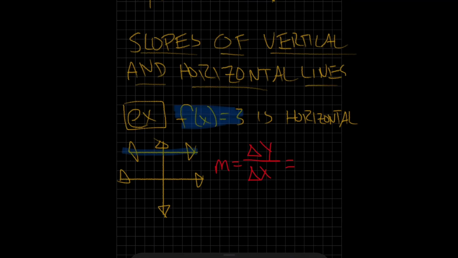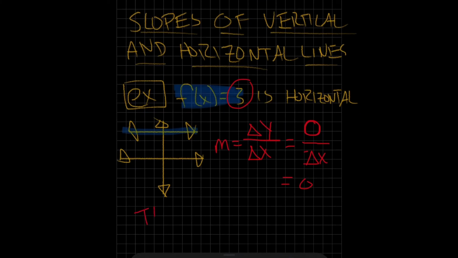The y value is never changing. The y value is constant. It's always 3. So we end up with 0 divided by the change in x. And what that means for us is that 0 divided by anything is equal to 0. So the slope, this will be actually true of all horizontal lines.